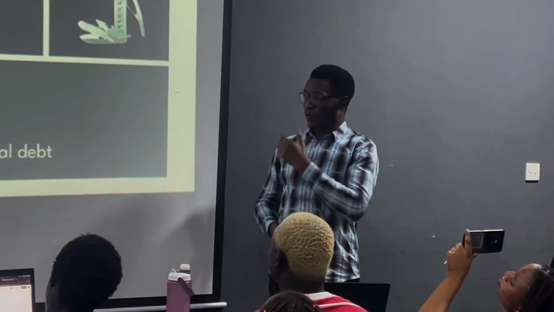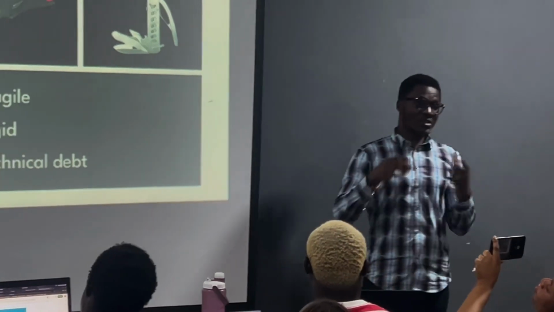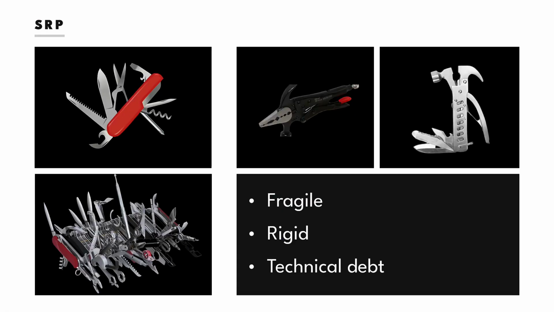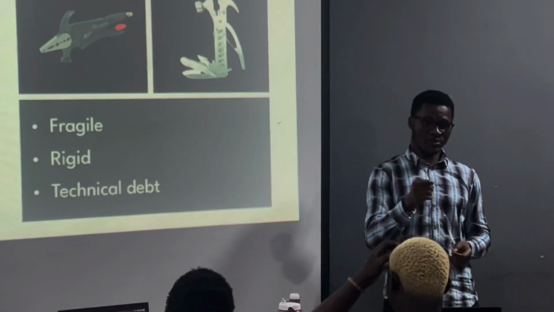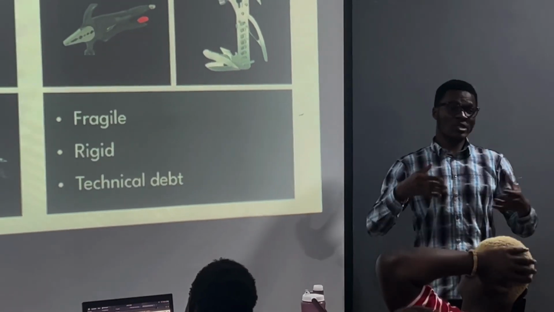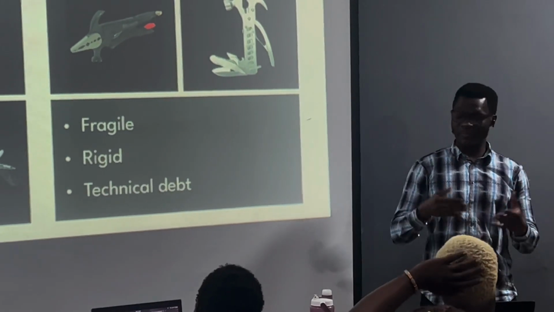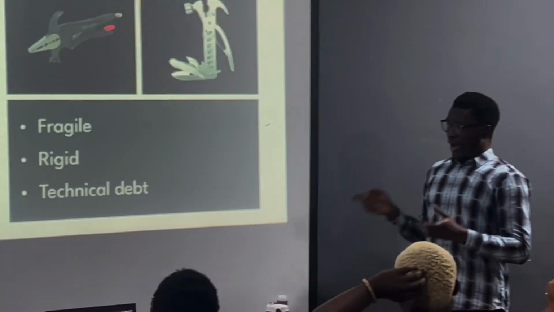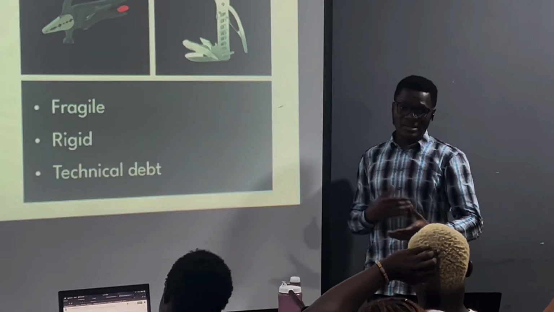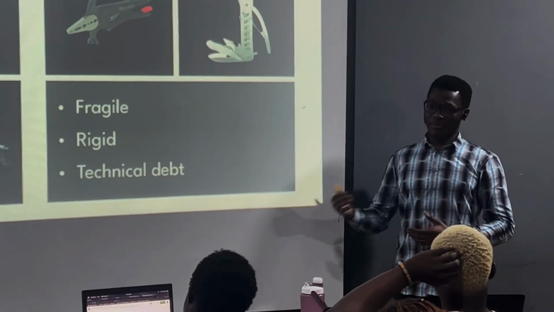We also have the issue of rigidity. Rigidity in the sense that this component is resistant to change. You want to make a simple feature, but it's so difficult. It will take a lot of effort to implement that new feature. And lastly, more from a business side of things, technical debt.